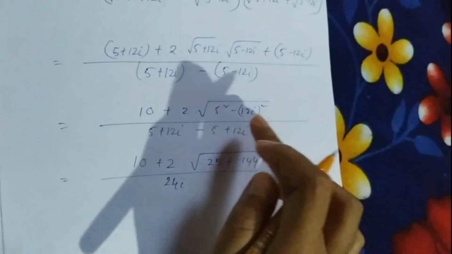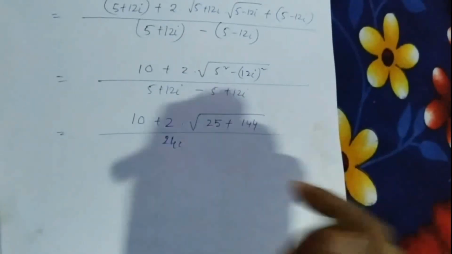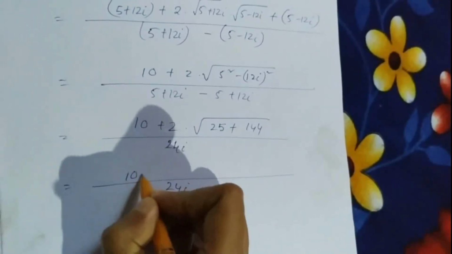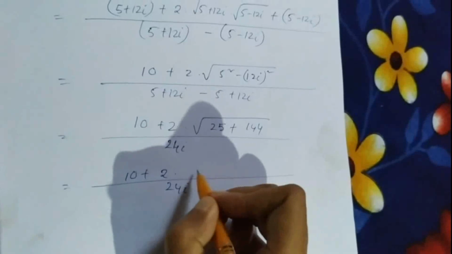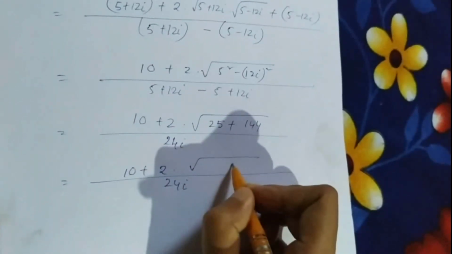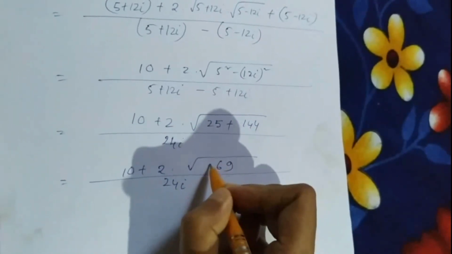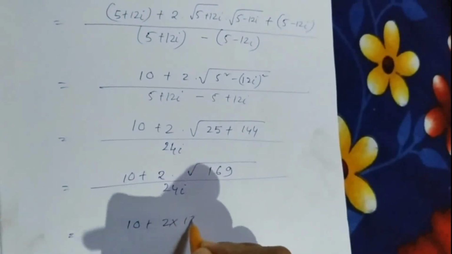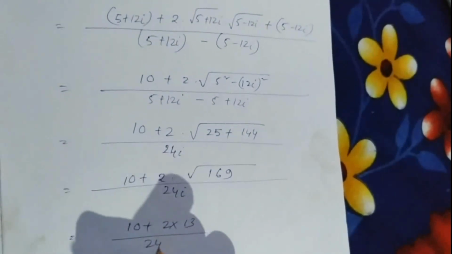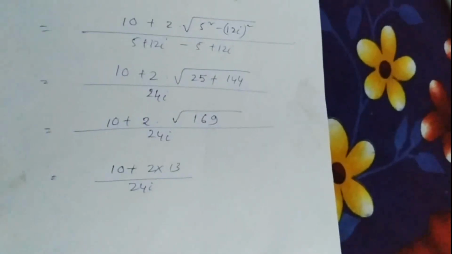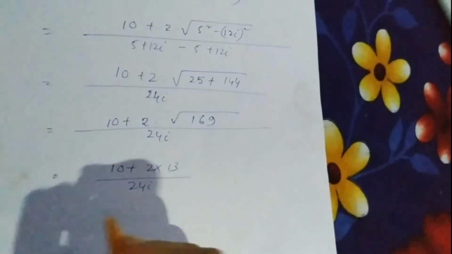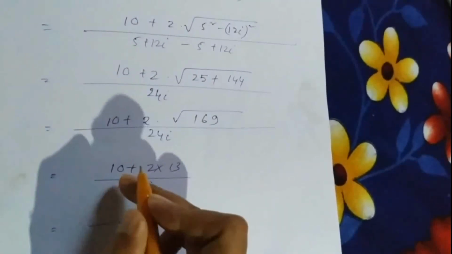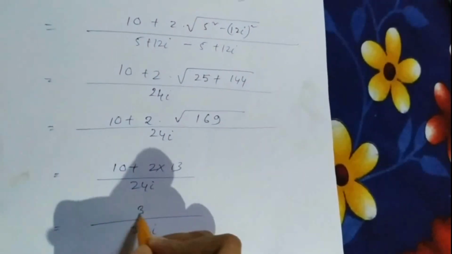And i square I will get minus, so it will be plus ultimately. So 24i, 10 plus 2 into, this one is nothing but 169. So 10 plus 2 into 13 divided by 24i. Okay. So here you see 24i, it will be 26 plus 10, so it will be 36.